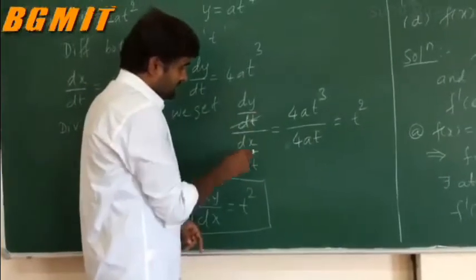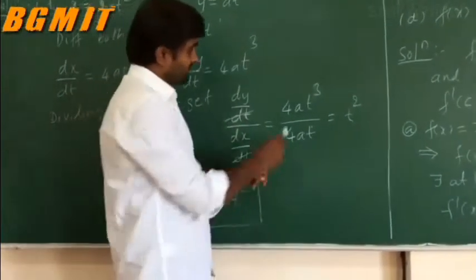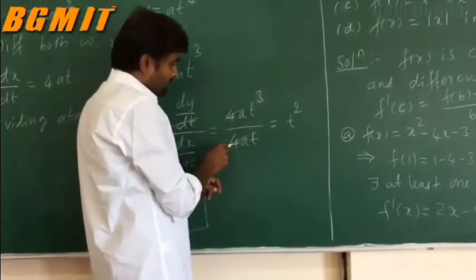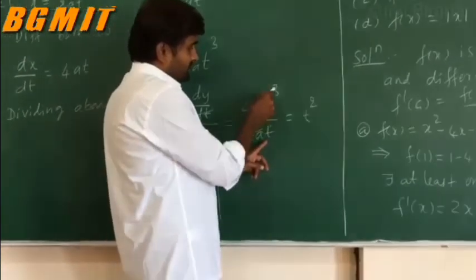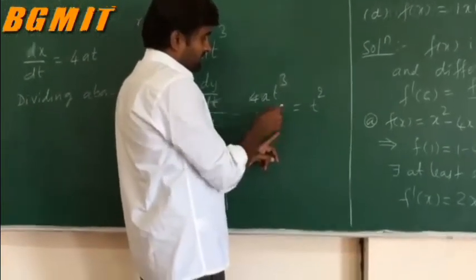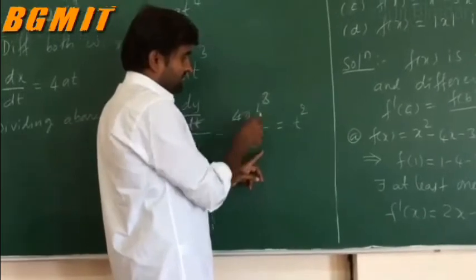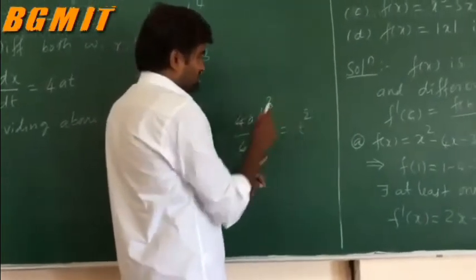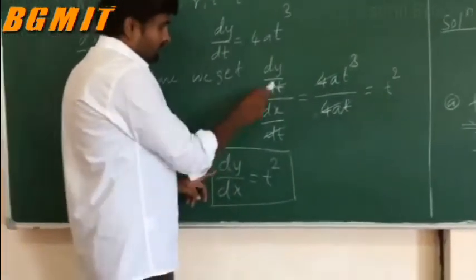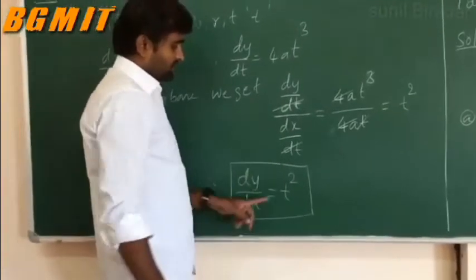Here dt gets cancelled. 4a cancels, then you have 3 times t and 1 time t, so 1 time cancels, remaining is t square. Now dy by dx equal to t square.